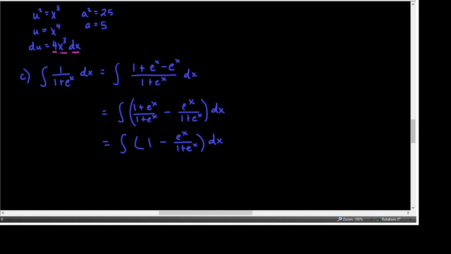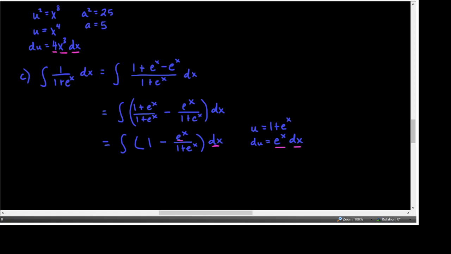Now, I don't know if you tried this early on in your process with this one, but if I let u equal 1 plus e to the x, the denominator thing, then du is 0 plus e to the x, coolest function ever, times dx, which in the second fraction there, I have the e to the x and I have the dx. Okay, so I'm good to go.